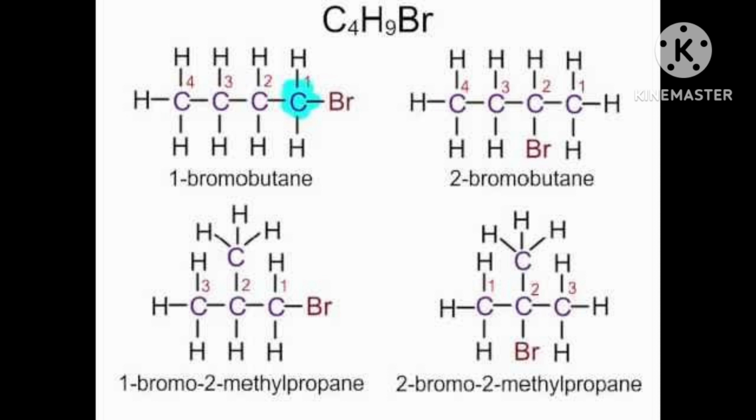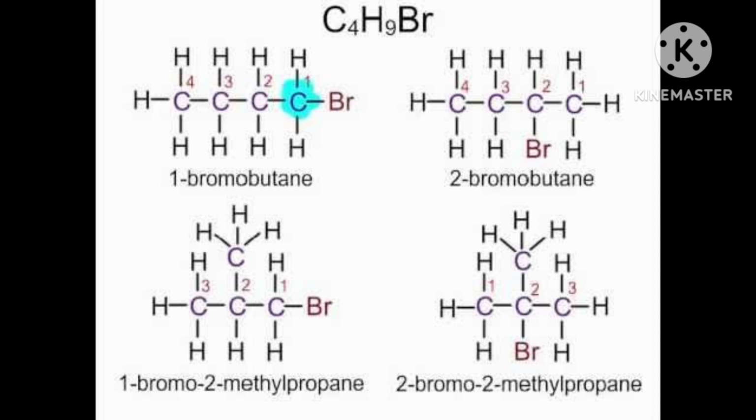Then it will be called isobutyl chloride. Because one chloride is attached, just like methyl, ethyl, propyl, butyl, like that way pentyl, hexyl, heptyl, octyl, name is given. Then the common name is isobutyl chloride.